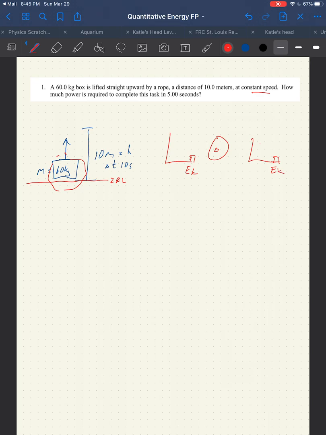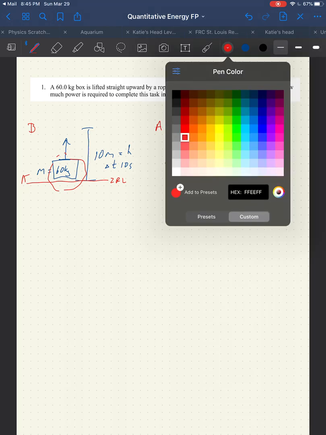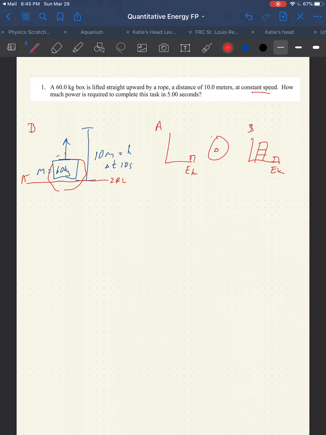But the gravitational energy will increase between A and B. And how does that increase? It increases because there is work done on the system. So this is a little arrow that does some work.